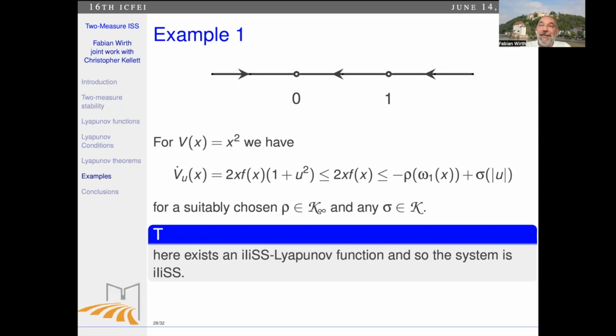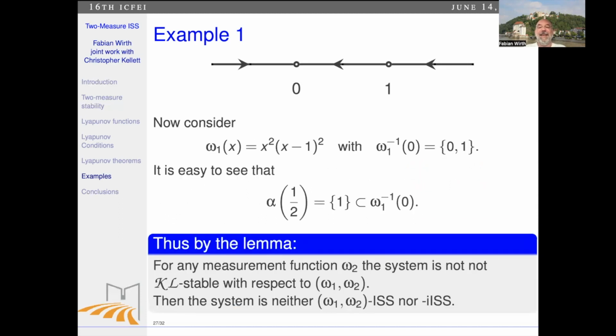So that function is neat in that sense that the system with respect to that measurement function is not KL stable.